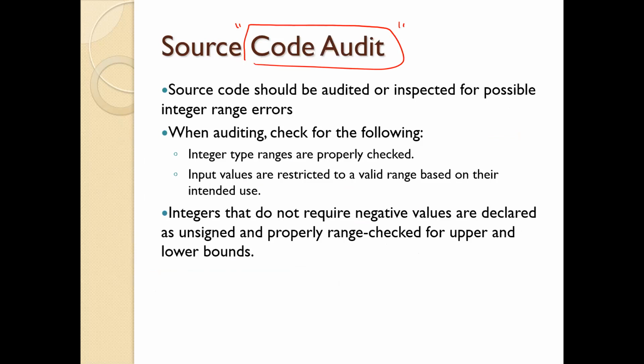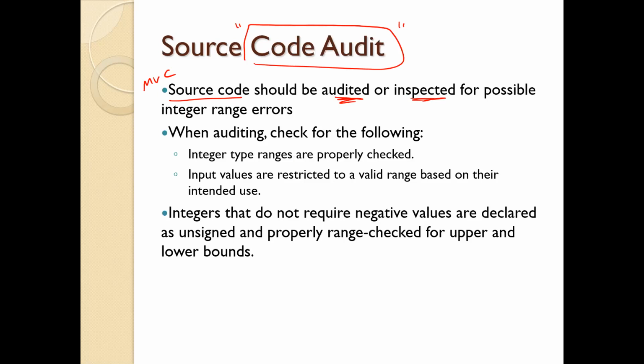So you need to audit the code. You can see that source code, which you have a lot of. Remember, it's written in MVC style, and should be audited or inspected for possible errors, including, in this case, integer range errors.